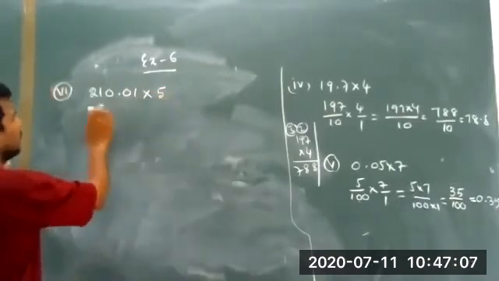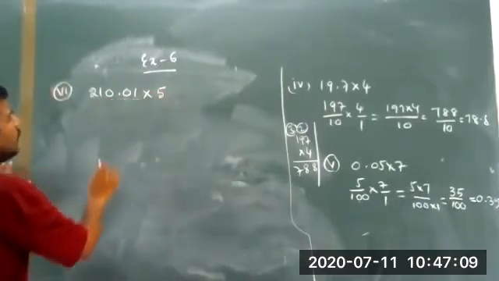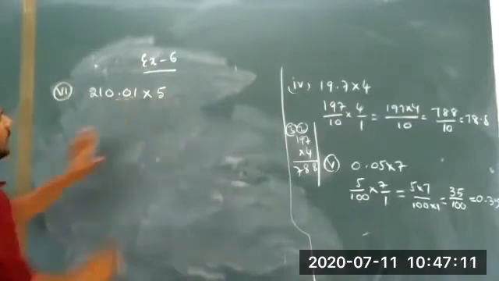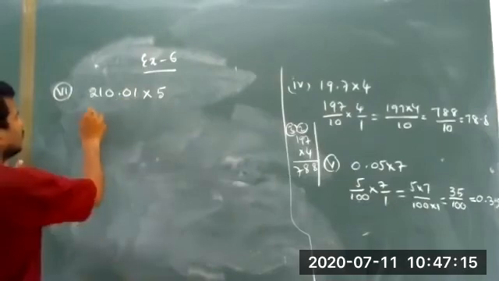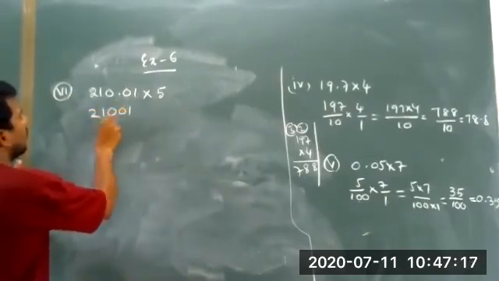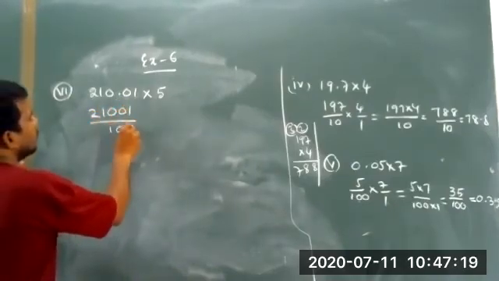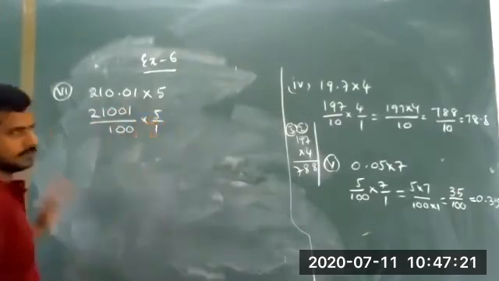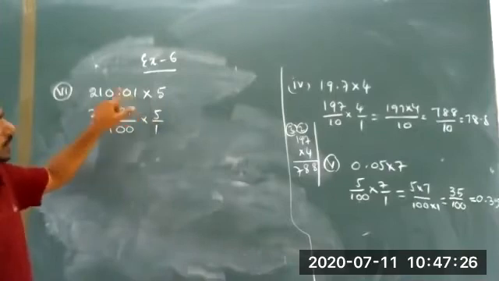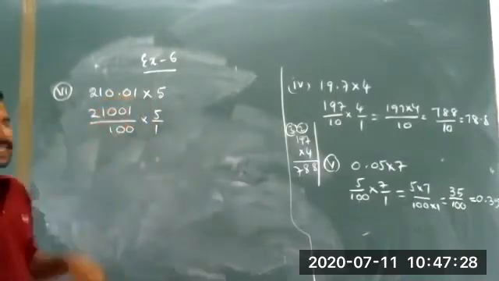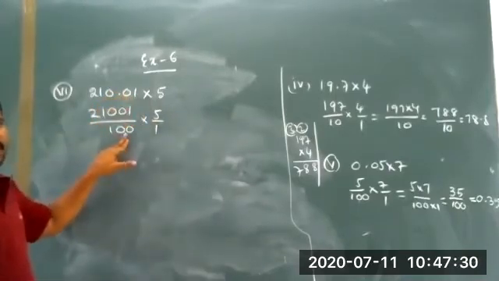So take this number, this value 210.01. In the decimal place, 2 digits are there. So what is the denominator, children? 100. So 21001 by 100 into 5 by 1. See children, this is 210.01, in the decimal place 2 digits are there. That's why the denominator is 100.